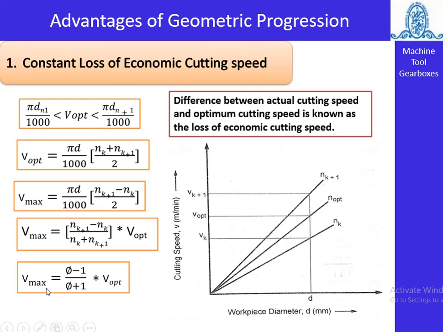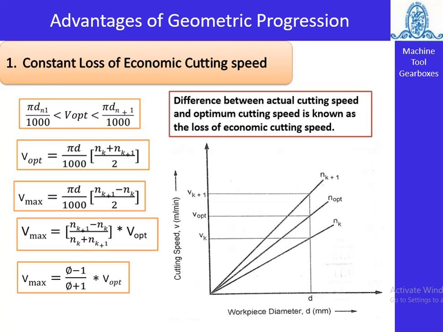In which progression do we get φ constant? Obviously the answer is geometric progression. So the maximum cutting speed depends on φ, and only in geometric progression is φ constant. Once φ is constant, the loss of cutting speed is constant. From this equation we conclude that the constant loss of economic cutting speed is obtained only in geometric progression.